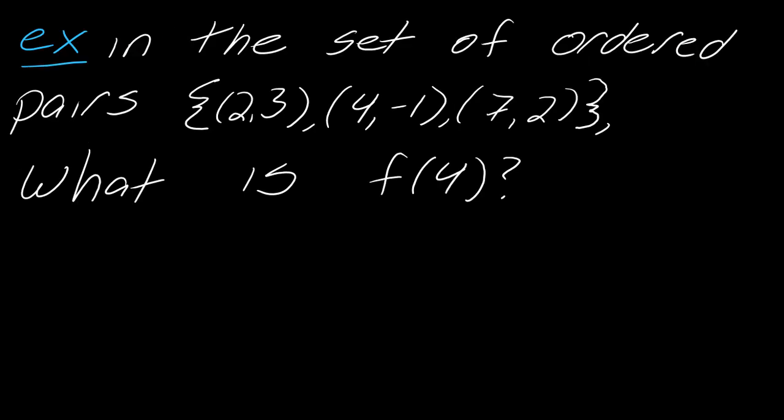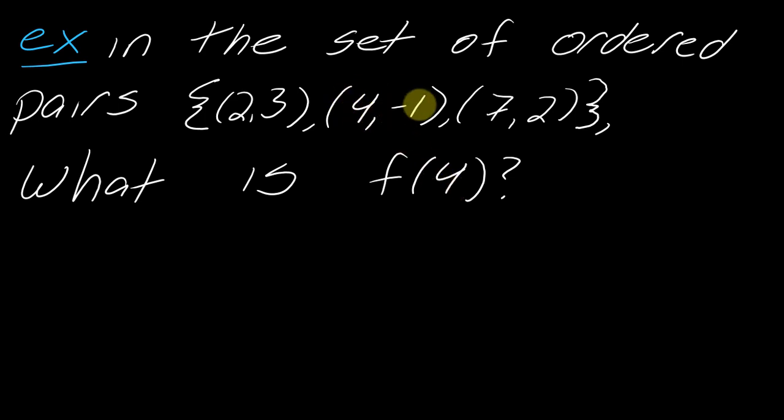Now, how do you actually use this notation? So if you have a set of ordered pairs, going back to that same set we keep playing with, this actually is telling you your inputs and your outputs. So the way that this works, what is f of 4? If this is my function, which we know it is a function, you input an independent value, in this case 4, and the output is the dependent value.